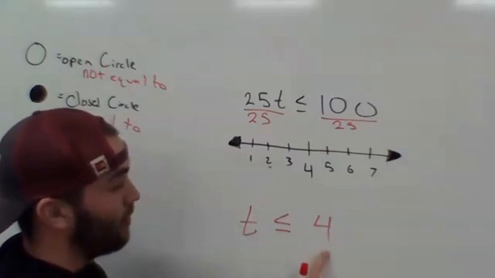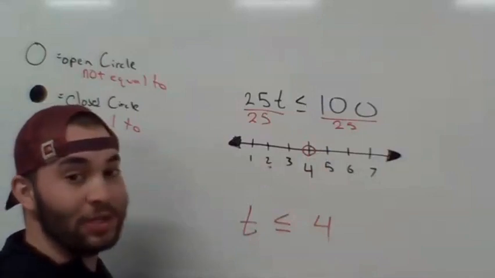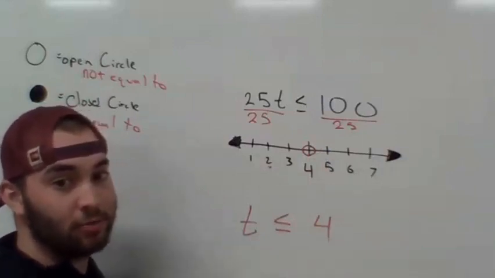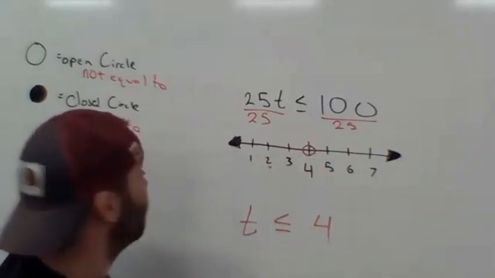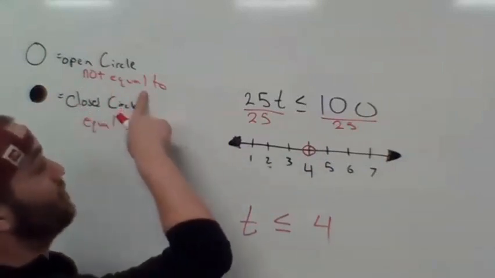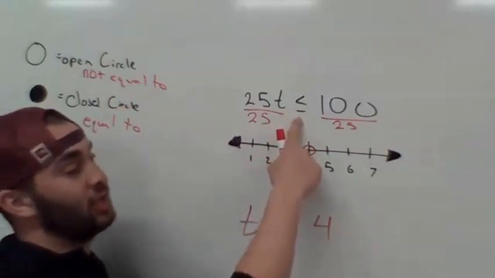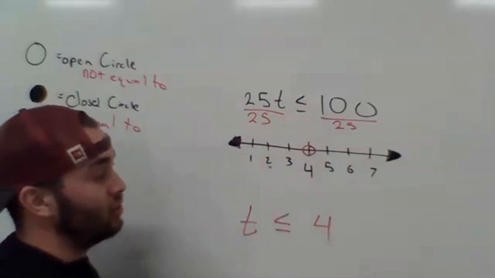Okay, so we find the 4, and is it going to be an open circle or a closed circle? And you probably see right behind my head the key there. If it's an open circle, it's not equal to. If it's a closed circle, it's equal to. What is that? An equal to sign. Less than or equal to sign.